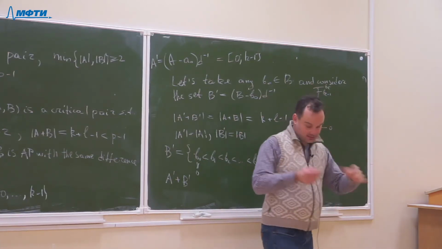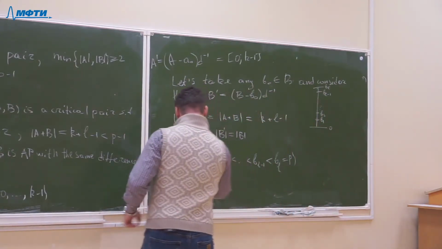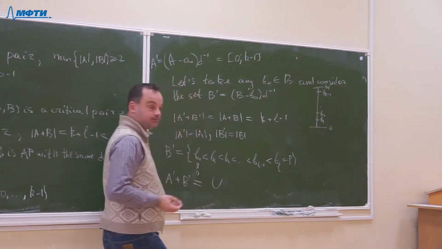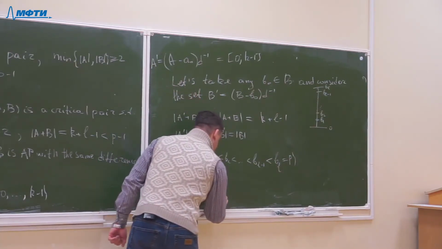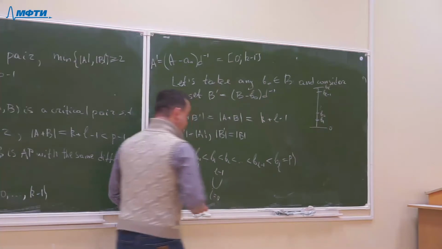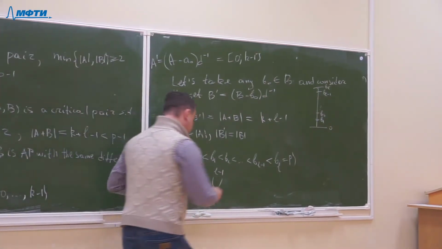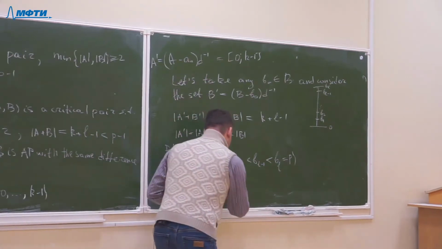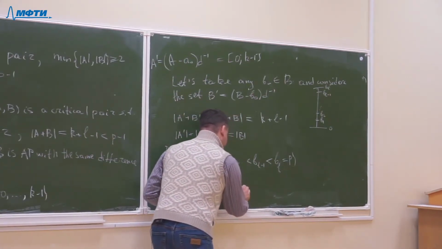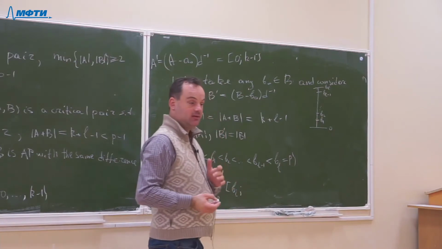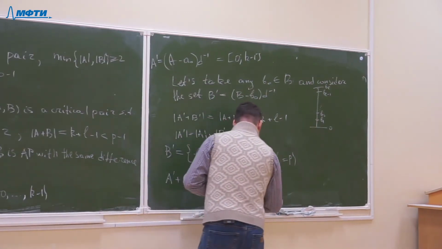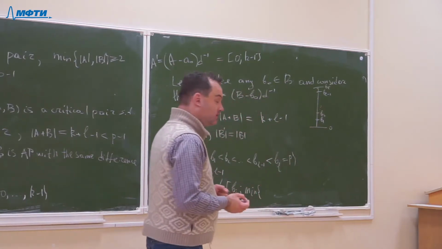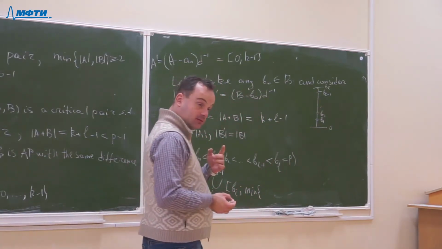Just because we add to B1 the interval, to B2 the interval, and so on. So this is the union over i from 0 to l minus 1 of the interval from Bi to the minimum of B(i+1) minus 1 and Bi plus k minus 1.